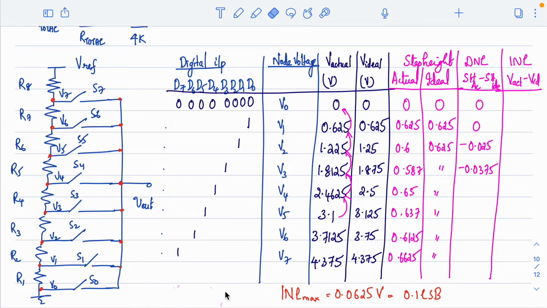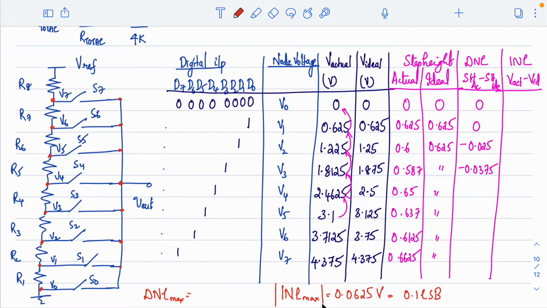So what about DNL max? Generally we write the magnitude of INL, and that maximum INL magnitude should be within plus or minus 0.5, right? That is how we generally write. DNL max is also there.